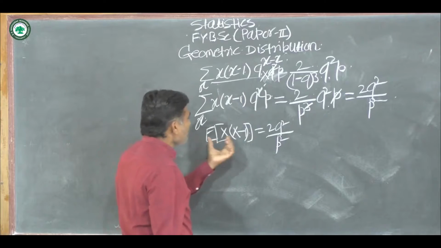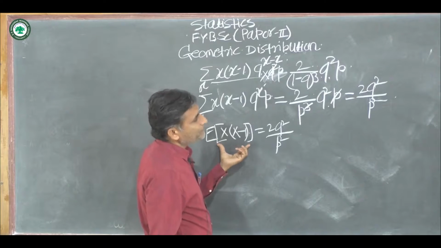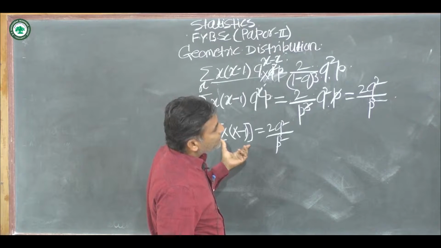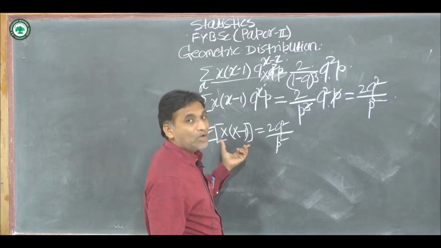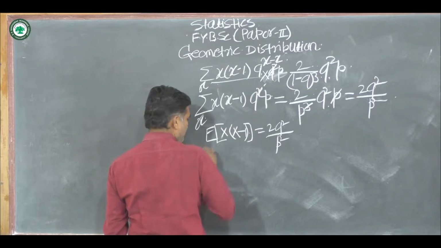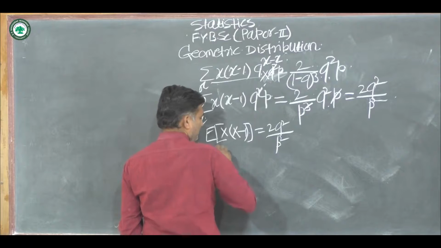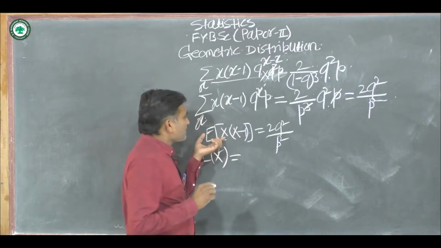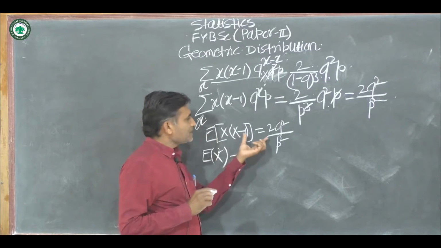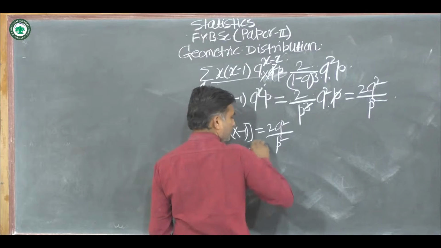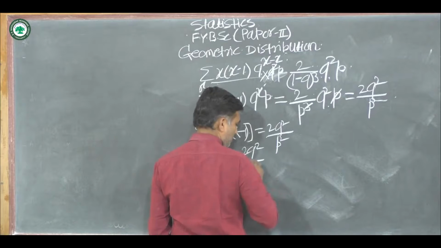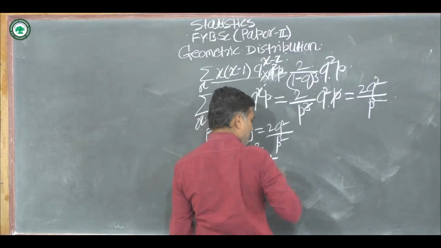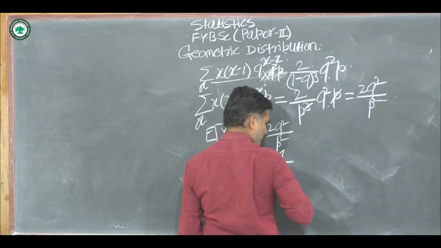Now substitute this value in the equation of expected value of x square. Expectation of x square is equal to expected value of x into (x minus 1), which is 2 into q square upon p square, plus expectation of x, that is plus q upon p.